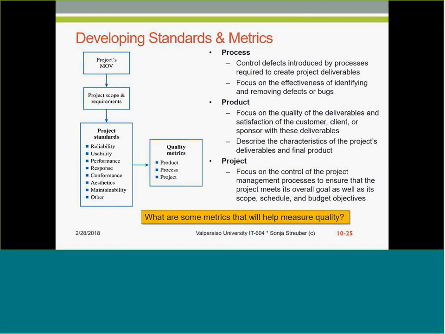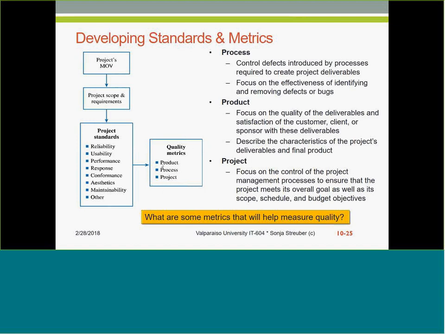And from any of these project standards, and many of these really depend on the framework that you're going to employ, whether it's total quality management, Six Sigma, CMMI, or any other regulations that are industry specific. Right? You derive from them your quality metrics for the product, for the process, and for the project.